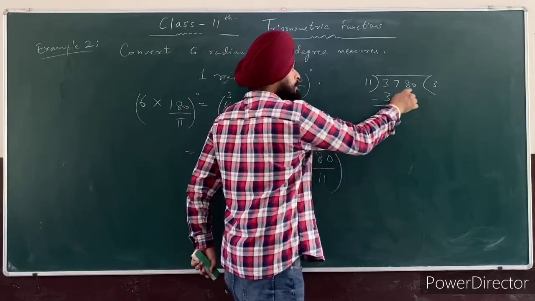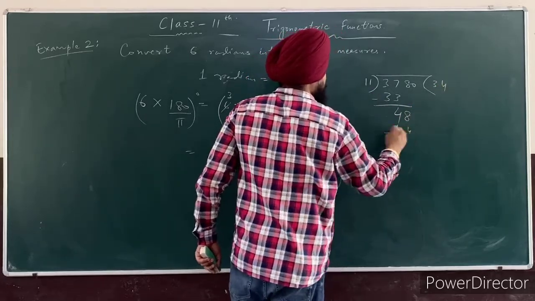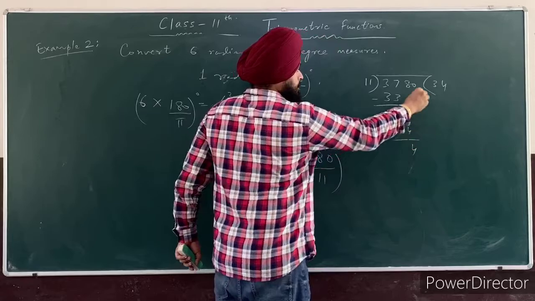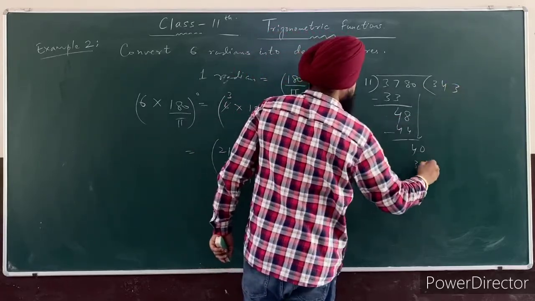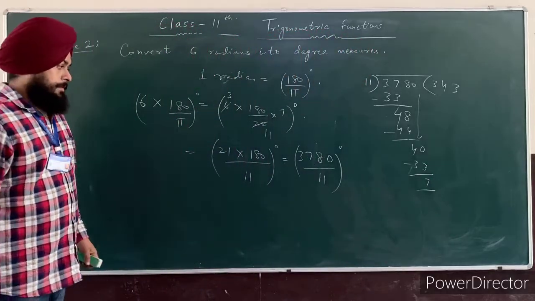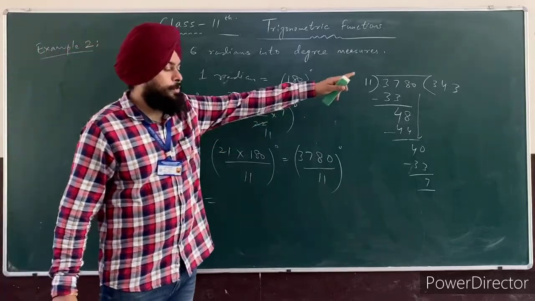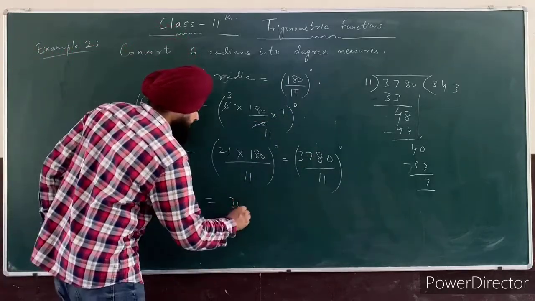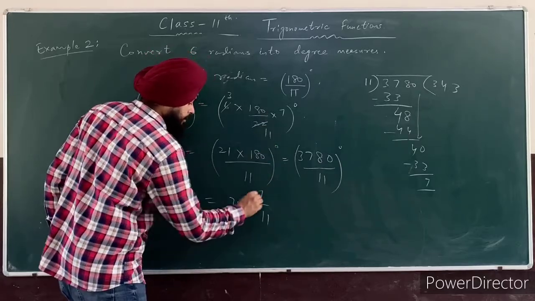Bring down 8, 48. 11 fours are 44. 48 minus 44, 4. Bring down 0, 40. 11 threes again are 33. 40 minus 33, 7. So what is the quotient? Quotient is 343, remainder 7 and divisor 11.